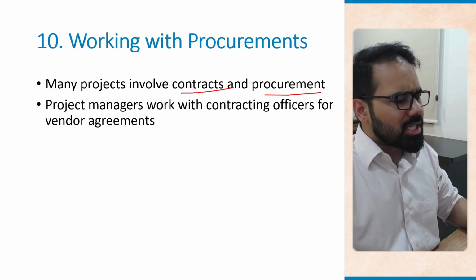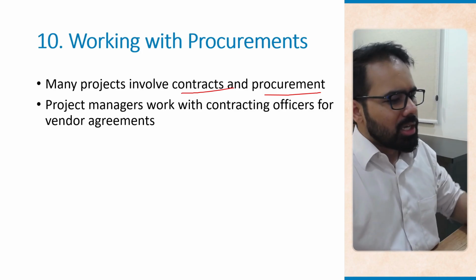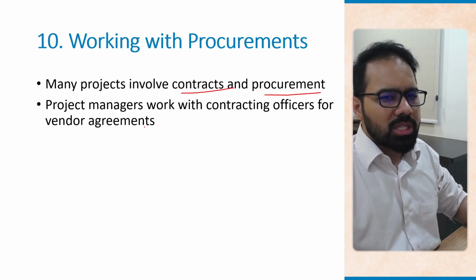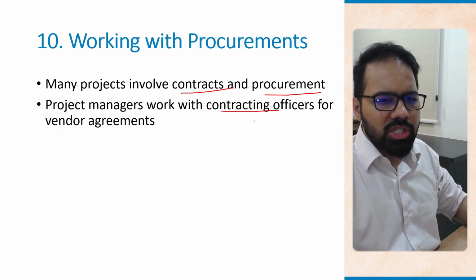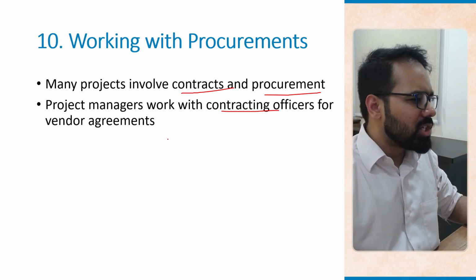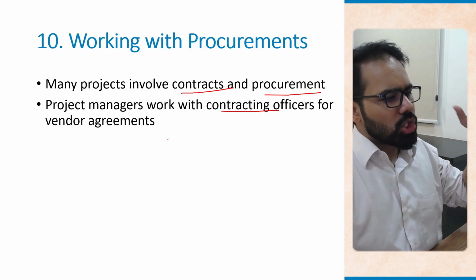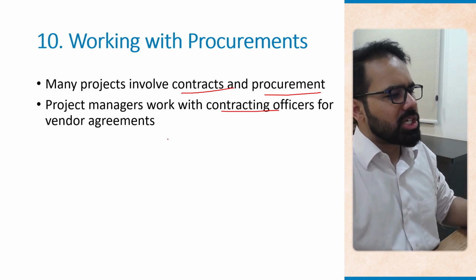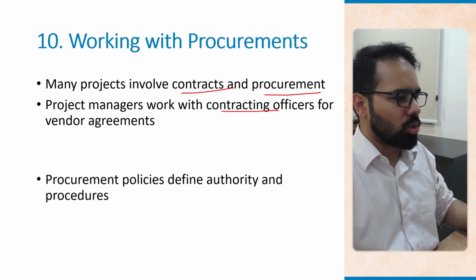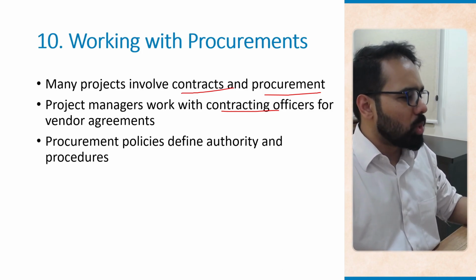Project managers are not required to perform the procurement process themselves, because there could be contracting officers for vendor agreements, or there could be a procurement manager that you as a project manager might have to work with. So most project managers are not going to have direct contracting authority. Procurement policies define authority and procedures.